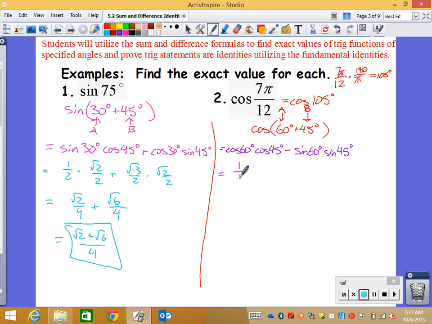Cosine 60 is 1/2, times cosine 45 is root 2 over 2, minus sine of 60 is square root 3 over 2, times square root 2 over 2. Now I'm multiplying fractions, multiplying numerators and denominators, so I get root 2 over 4 minus root 6 over 4, or when I make them one fraction, root 2 minus root 6, all divided by 4. And that's my final answer.